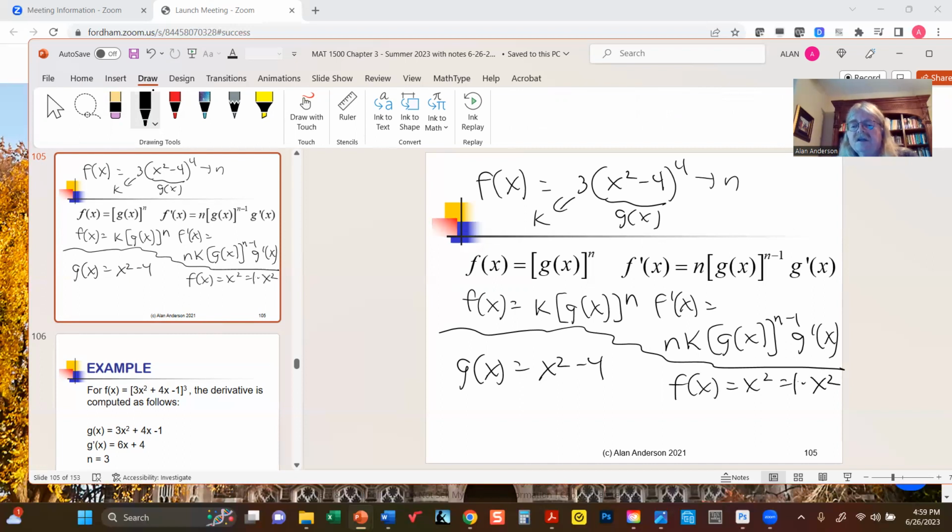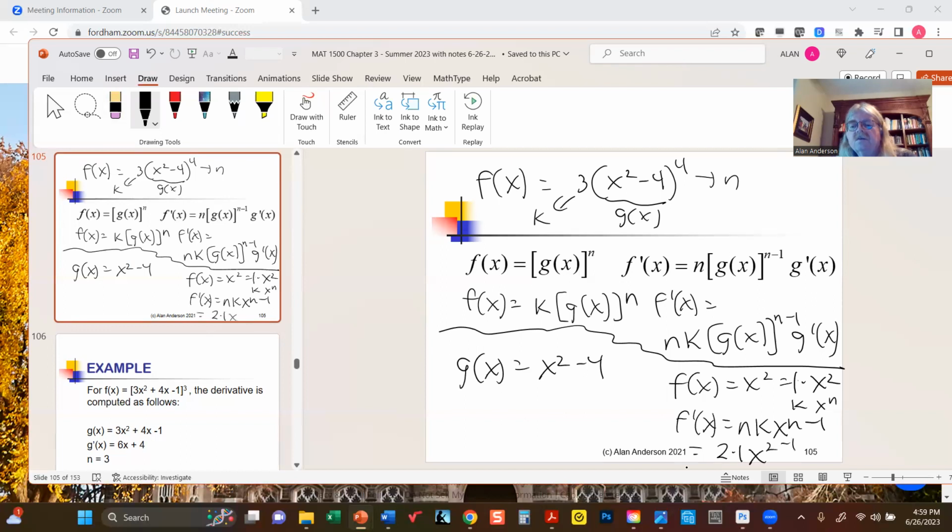That's the equivalent of 1 times x squared. And of course, that means this is k x to the n. F prime of x is nk x to the n minus 1. And that's going to be 2 times 1 times x to the 2 minus 1, or just 2x. The derivative of the negative 4 is 0, of course. So g prime of x is simply 2x.